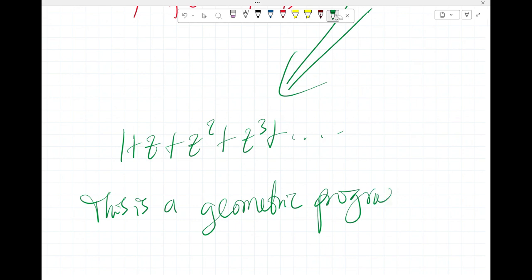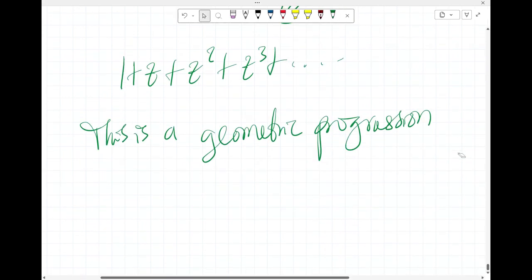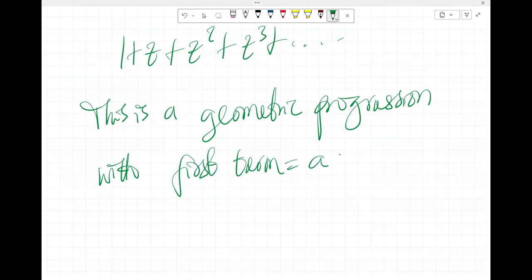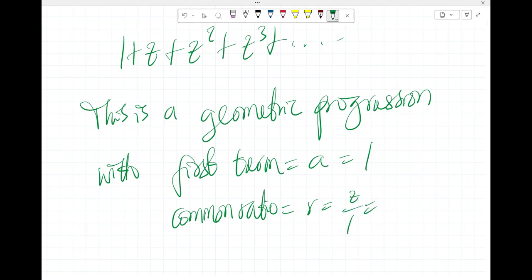It's a geometric progression with first term A equals 1. Then the common ratio R is equal to z over 1 or z squared over z, and all of that is z.